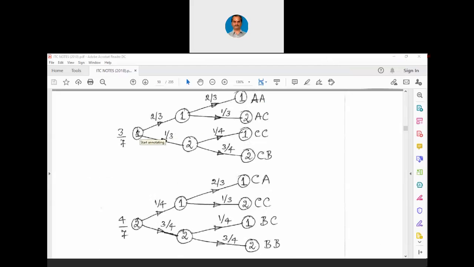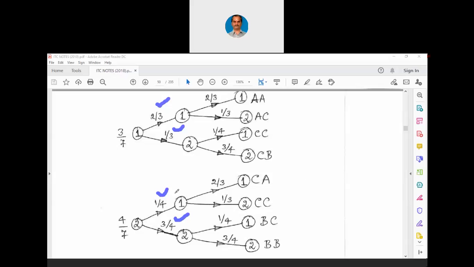From state 1, it is emitting C, that is here. And from state 2, it is emitting C, that is here. So you can see emission of symbol C is happening twice here. Whereas from state 1 it is emitting A, that is here, and from state 2 it is emitting B, that one is here.